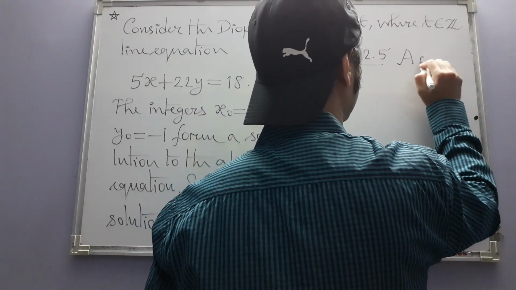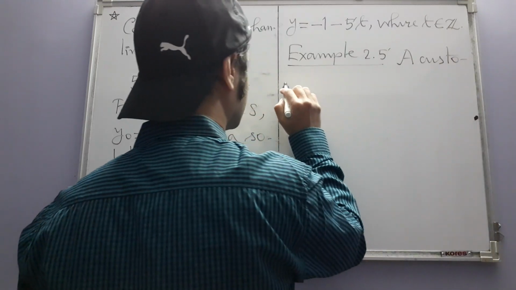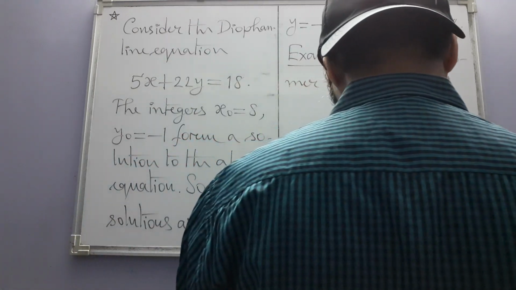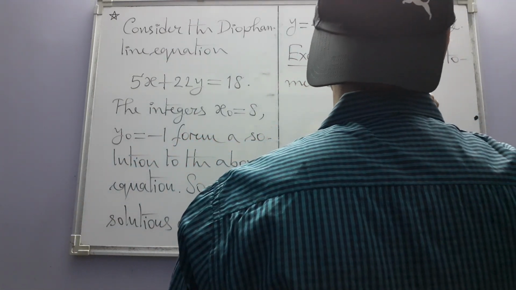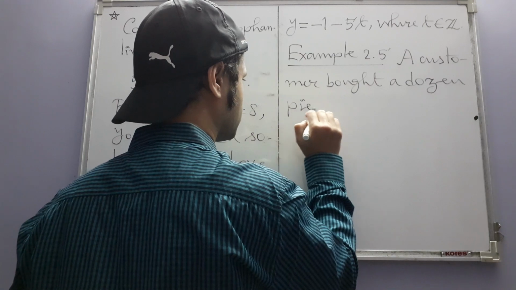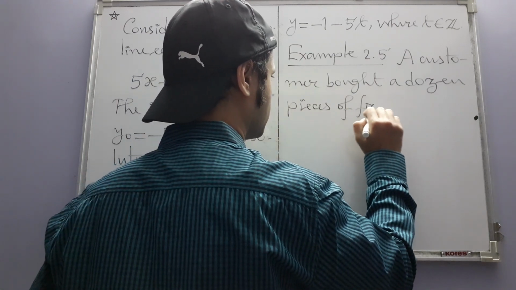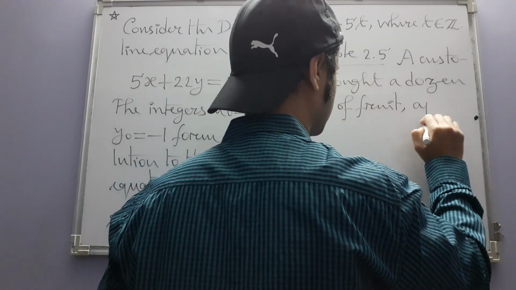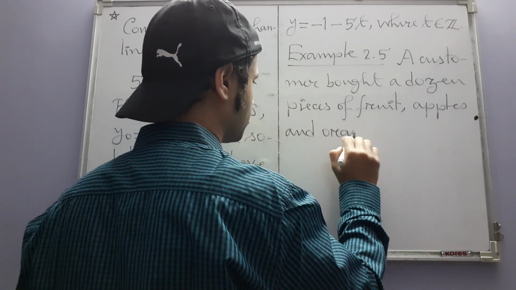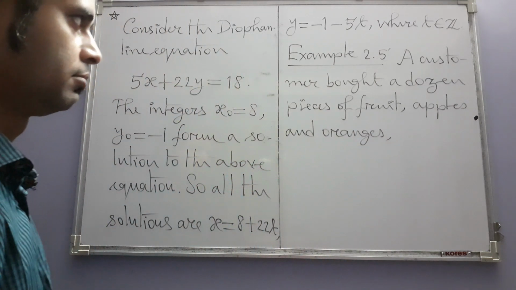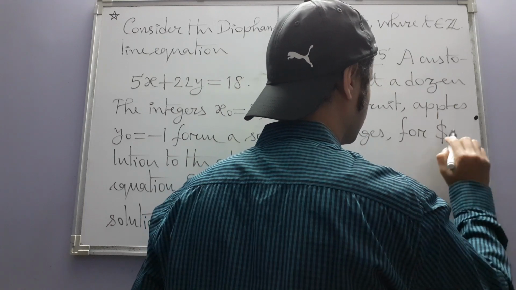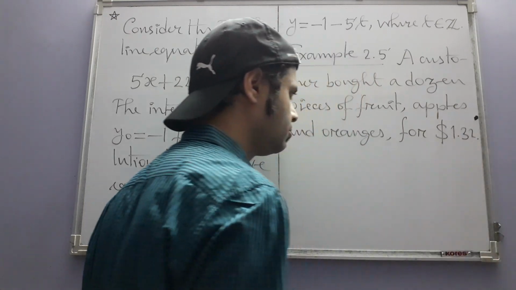A customer bought a dozen pieces of fruit, which are apples and oranges, for $1.32.